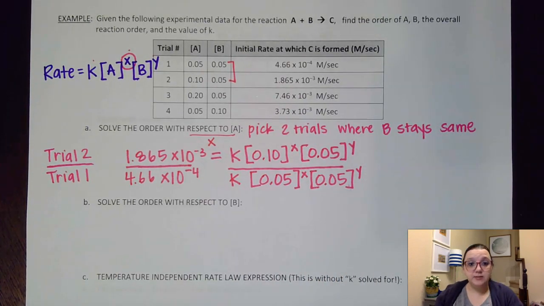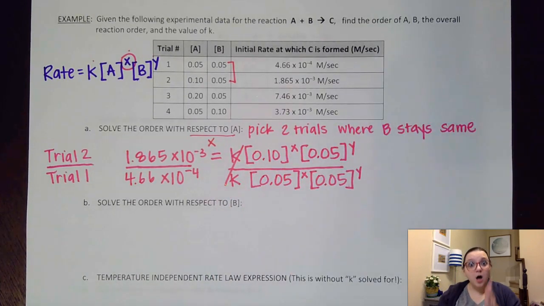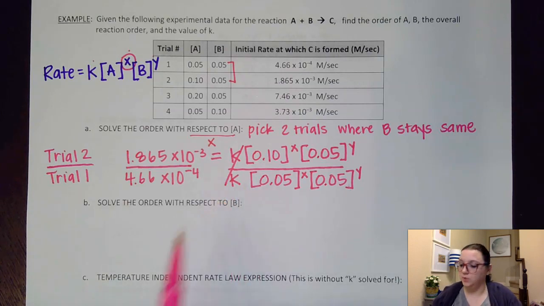Now, here's the deal. K's will cancel. Those were constants, and it's going to be the same for all of these trials because we assume that all of these trials took place at the same temperature. As long as temperature remains consistent, then these K's should remain constant, okay?